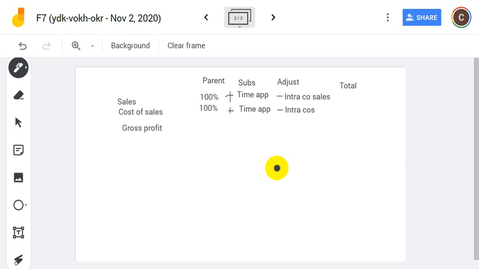Now the cost of sales has got another adjustment. You add the unrealized profit to the cost of sales.